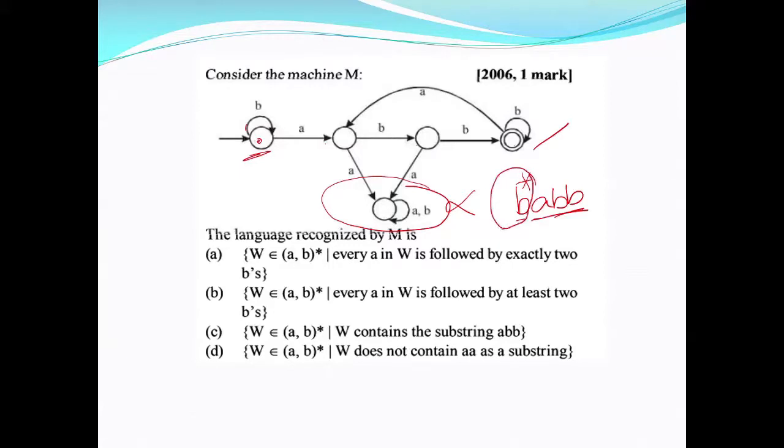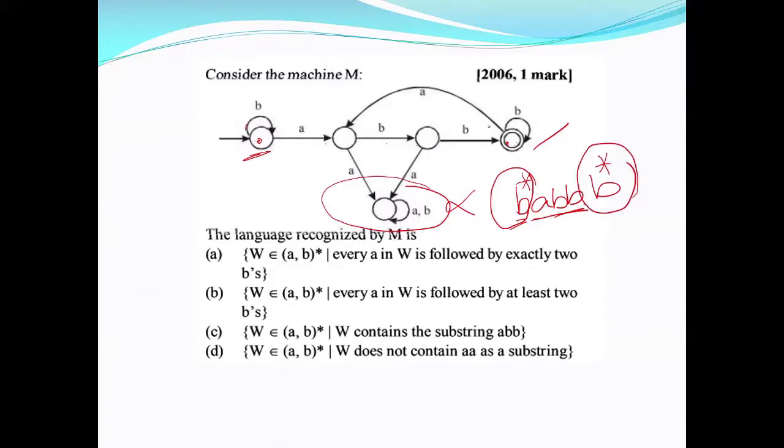If it is present, you can have any number of b's. When you get a, it must be followed by b, followed by b, then only you will reach the final state. So a b b must be there. After that, you can have b star, which is optional. You can stop here, or after these two b's, you can have any number of b's.